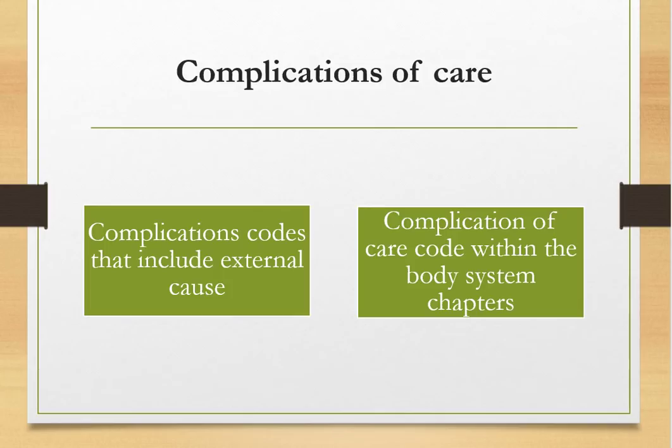To find these, what you'll do is just go to the end of each of your chapters, your different body systems, so kidney, endocrine. You'll see at the very end, you'll see codes for intraoperative and post-procedural complication. Now, these codes should be sequenced first, followed by a code for the specific complication if it is applicable.